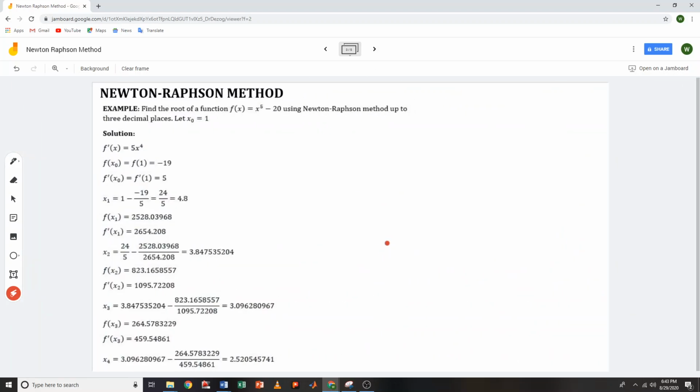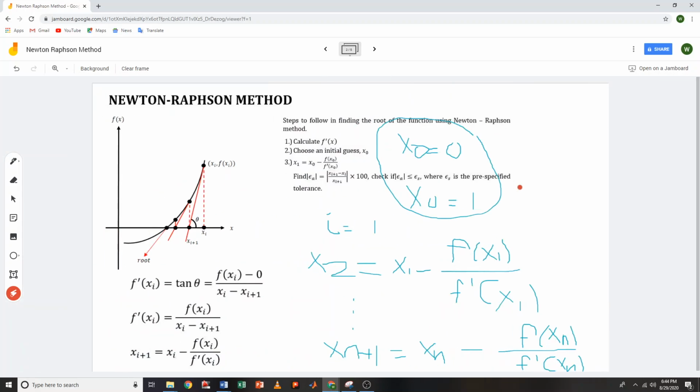So I have an example here. Find the root of a function f of x equal to x to the 5th minus 20 using the Newton-Raphson method up to 3 decimal places. So let x0 equal to 1, meaning this is now the initial guess. Using the steps, first you have to calculate f prime of x.